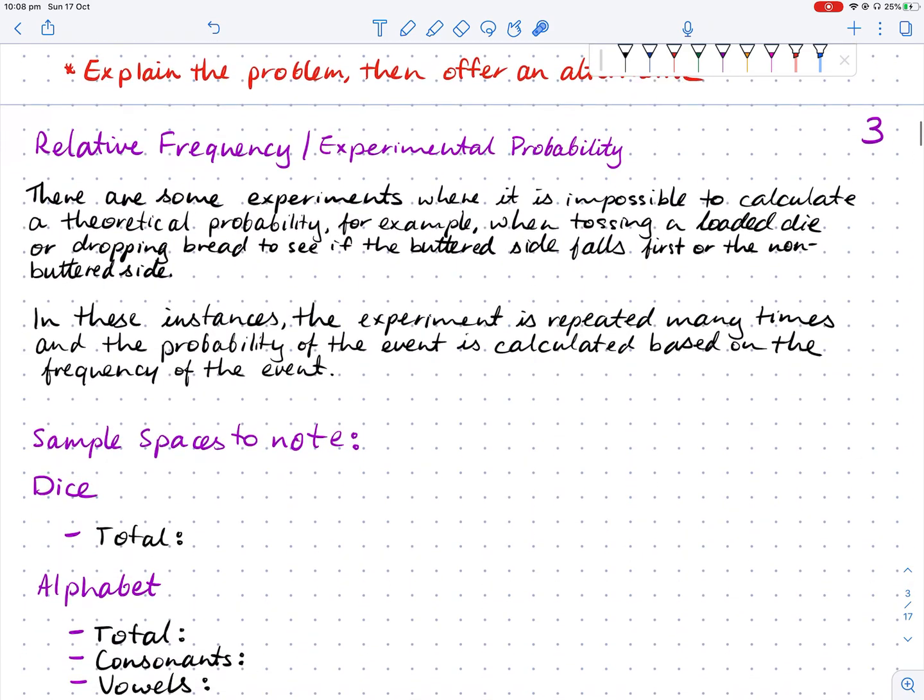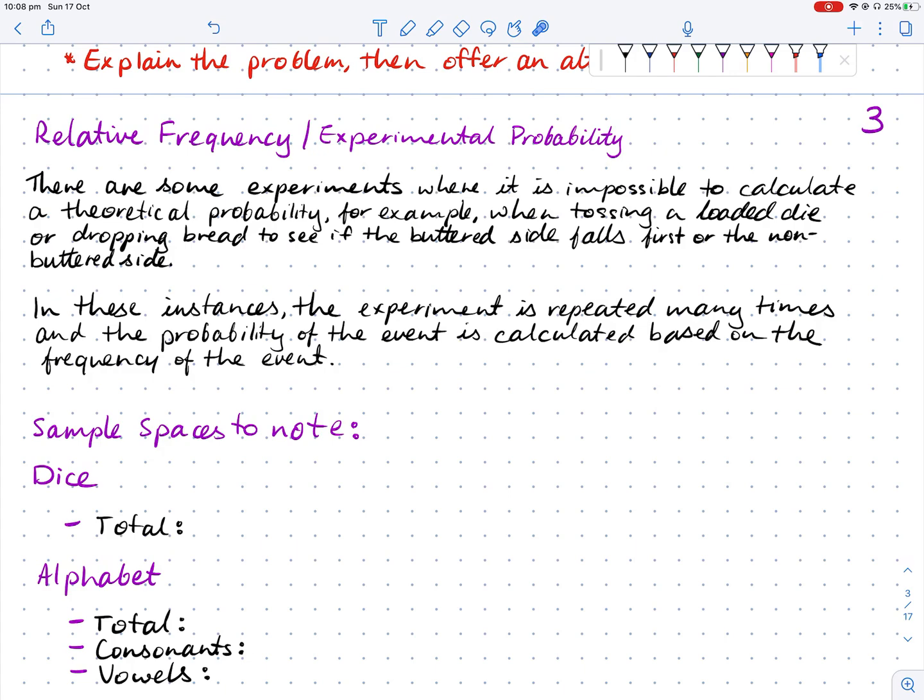All right, couple more things. We talk about relative frequency or experimental probability. So if you remember back to junior school, you talked about theoretical probability and experimental probability. Theoretical probability is what we know, or it's a calculated probability, what we know should be happening.